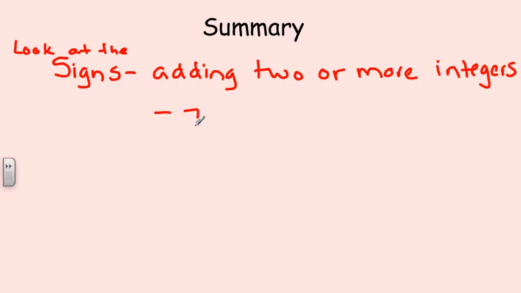Remember that if I have a -7 and I'm adding a +2, I want to pay attention to the sign of the one that has the highest absolute value. So in this case, 7 would be a higher absolute value. It has a sign of negative. And in between them, the difference is 5.